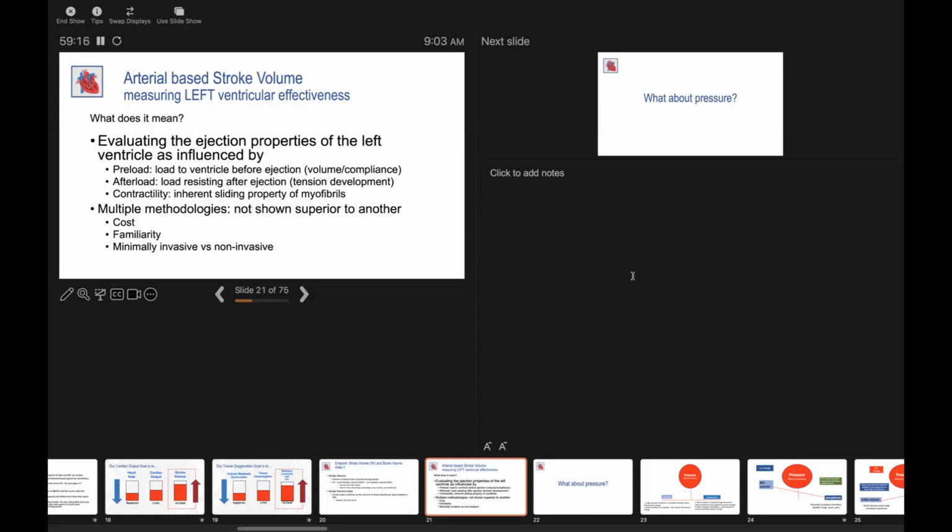If you don't have that, look at pulse pressure, systole minus diastole. You need that to be greater than 35 if your patient has any indication of acidosis. So on your exam, you may not always have a cardiac output or a stroke volume, but you'll have a pulse pressure. That pulse pressure needs to be greater than 35 if you're trying to resuscitate acidosis.